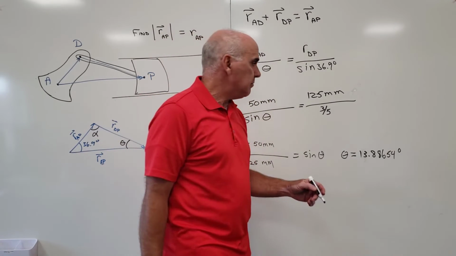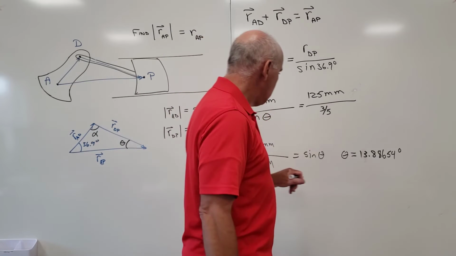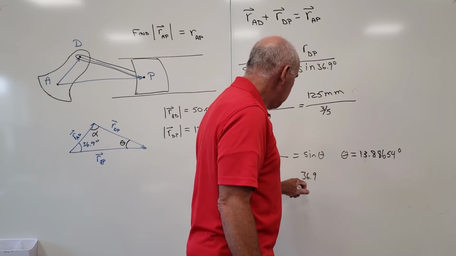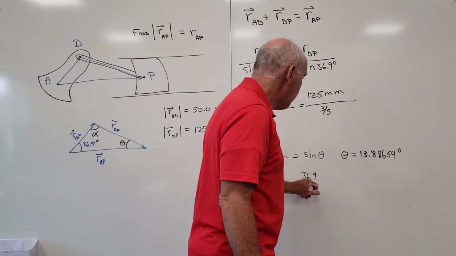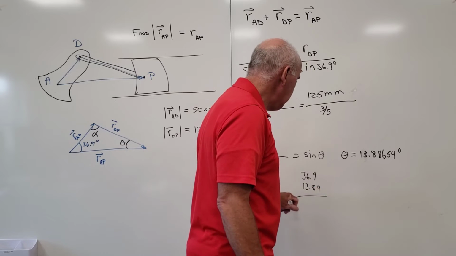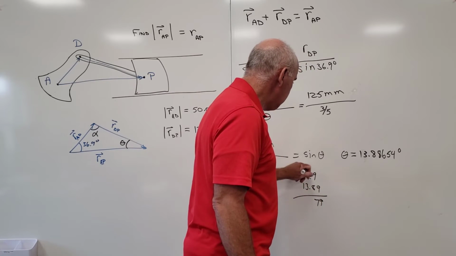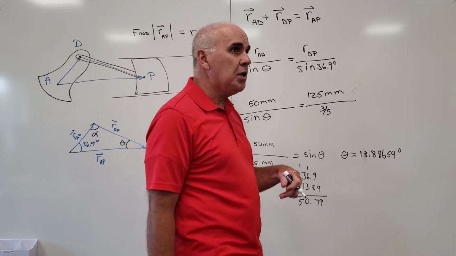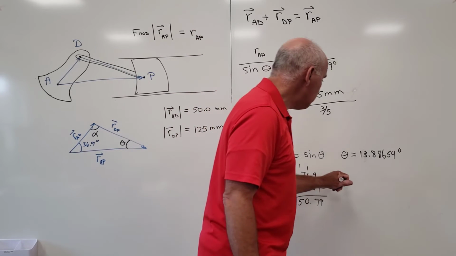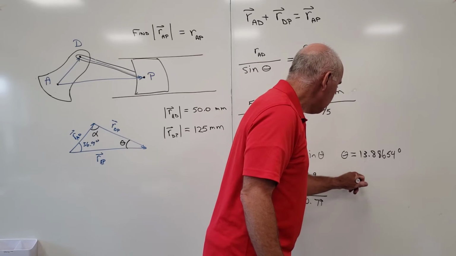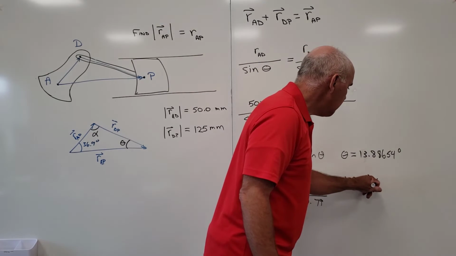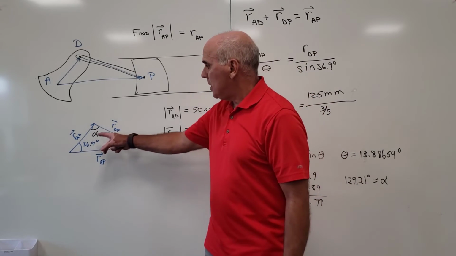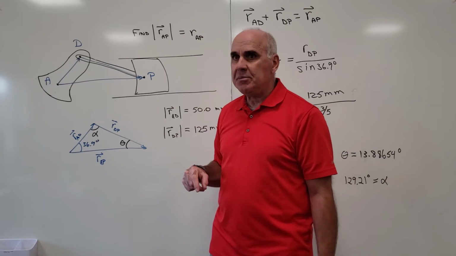If I do that, 36.9 plus 13.89 is 50.79, so 180 minus that gives 129.21 degrees equals alpha. So now I do know the angle between RAD and RDP.